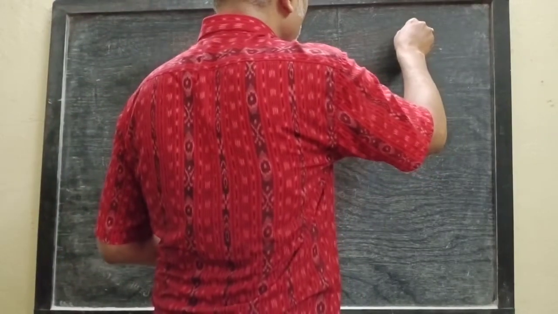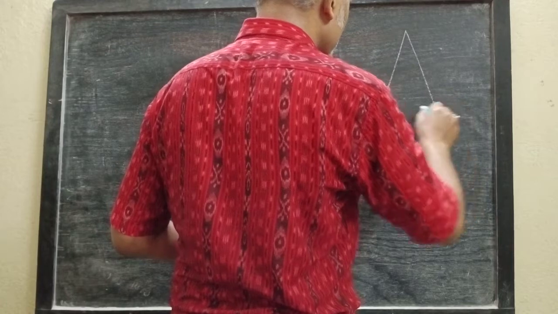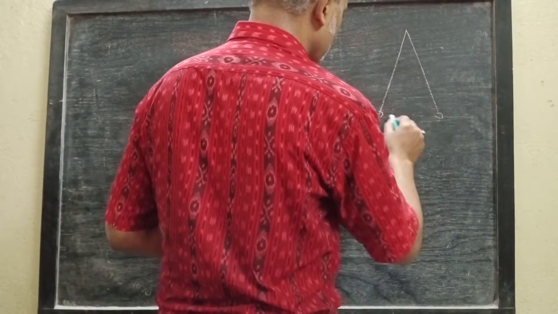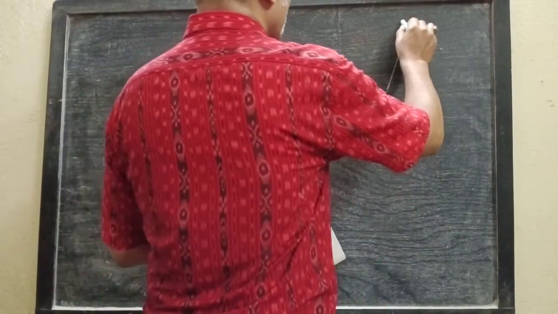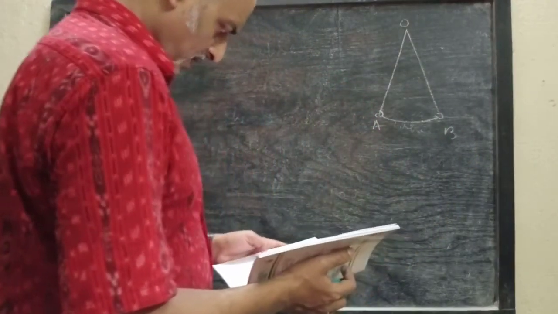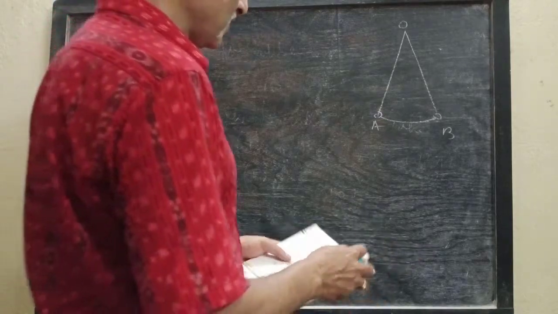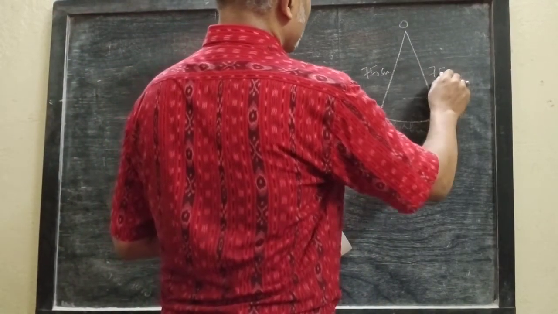Suppose this is our pendulum. It rotates in this way. So this is O, this is A, this is B. Length of the pendulum is 75 centimeter. That is, this length is 75 centimeter.